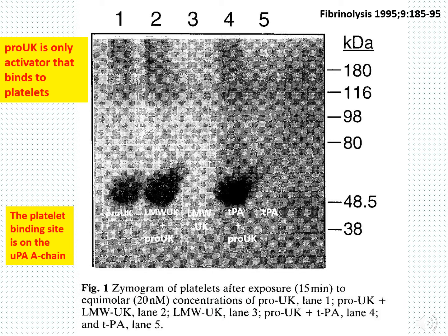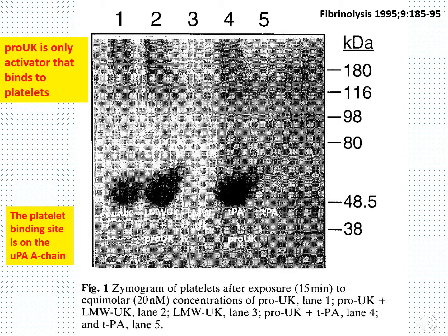This slide, which shows zymograms, shows the uniqueness of this phenomenon to Pro-UK. Pro-UK is shown on the left, the uptake by platelets of Pro-UK. The next column shows low molecular weight UK plus Pro-UK, and you see the Pro-UK effect not diminished by the low molecular weight UK. Low molecular weight UK alone is not taken up at all.